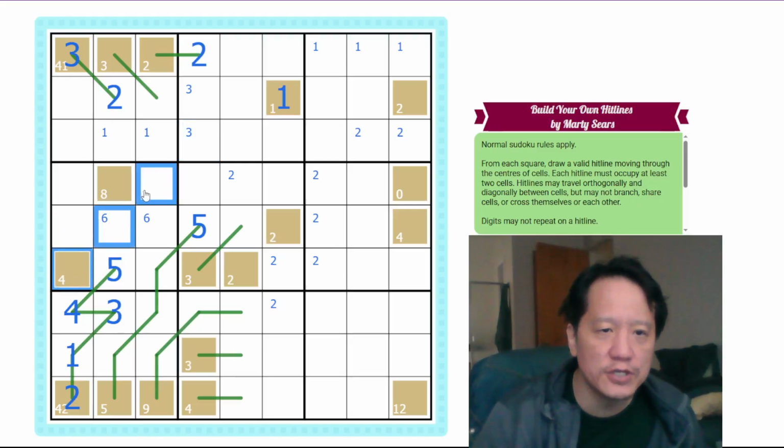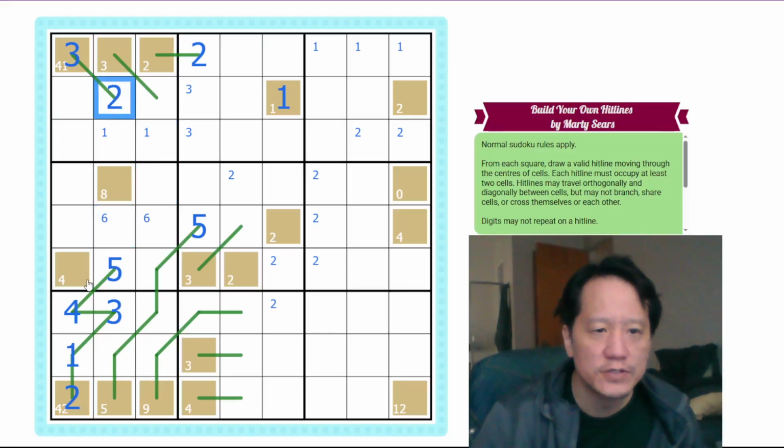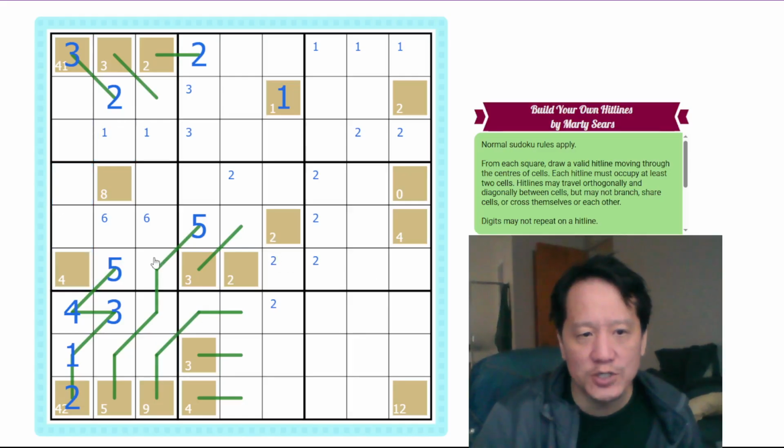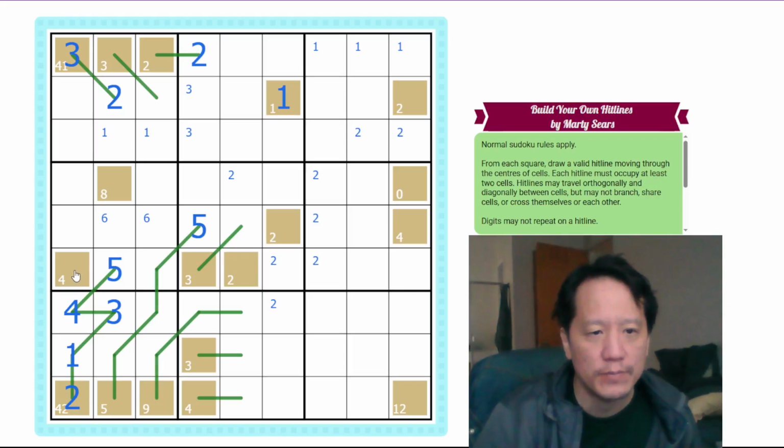It could potentially go this way, but then that would cut this off. So I think this has to go essentially something like that to match the 4. Because it can't match 1. It could match 2 and 3, but that doesn't add up to 4. So I think it has to go something like that.